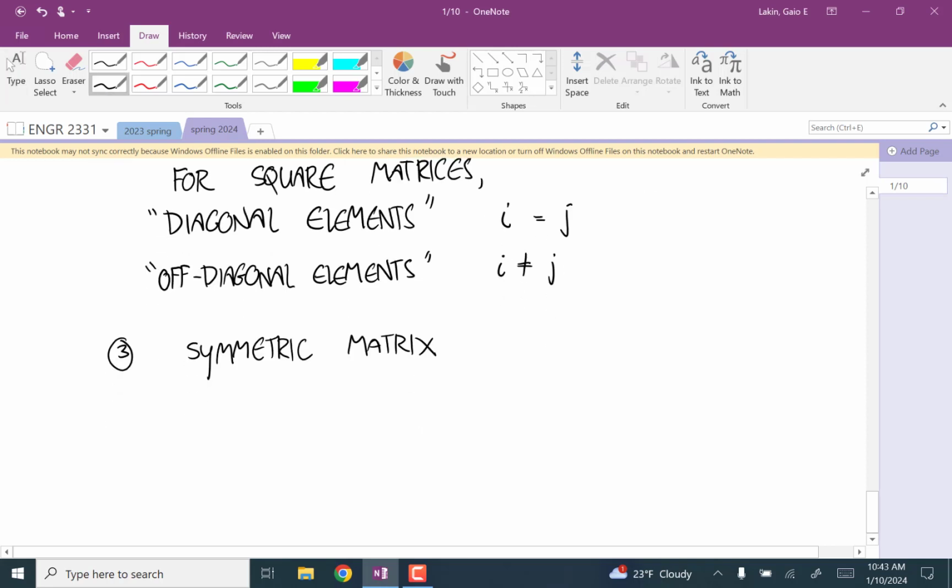A symmetric matrix is a square matrix where the ijth element is always equal to the jith element.